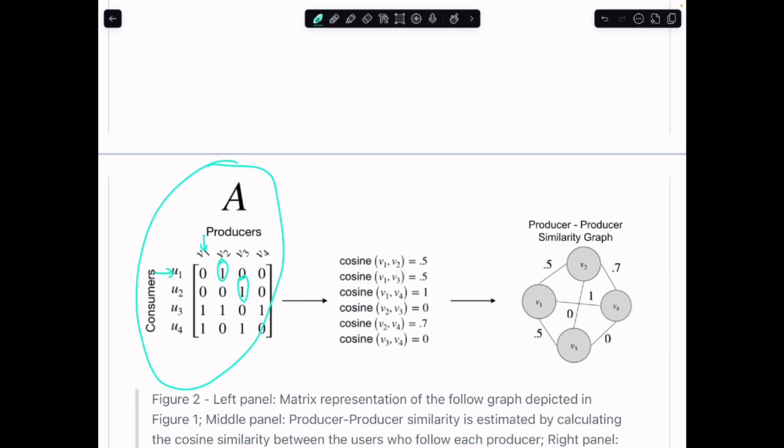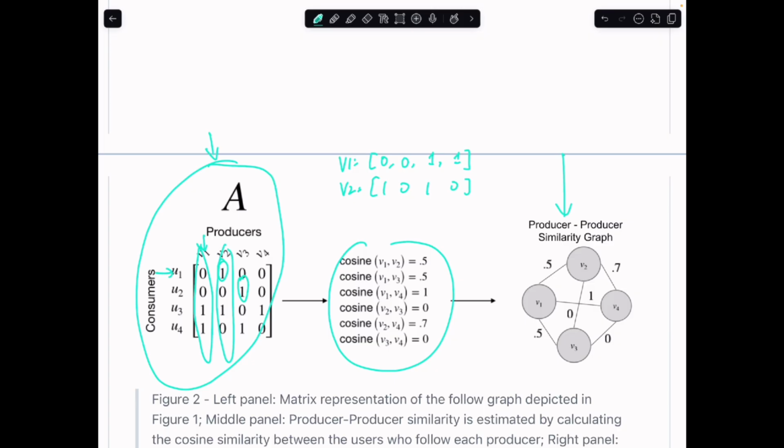With this, they calculate the cosine similarity between different producers and then generate the similarity graph. This one is a bipartite graph, and this one is a similarity graph only for the producers, which is much lower scale. If you're curious how the cosine similarity is calculated based on vector similarity, as you can see here, V1 is 0, 0, 1, 1 and V2 is 1, 0, 1, 0.